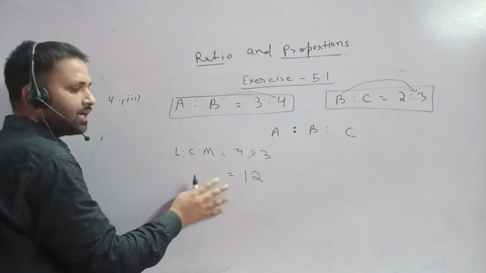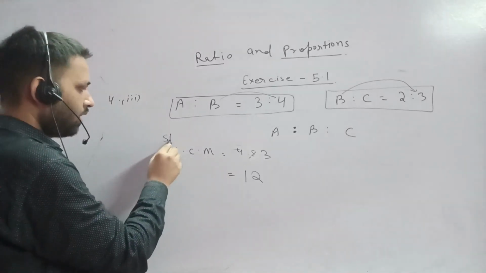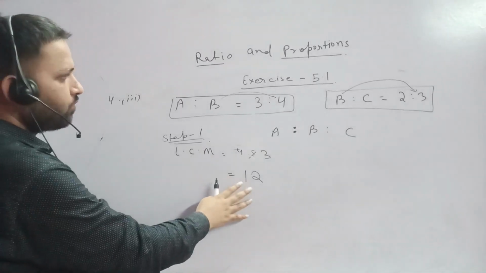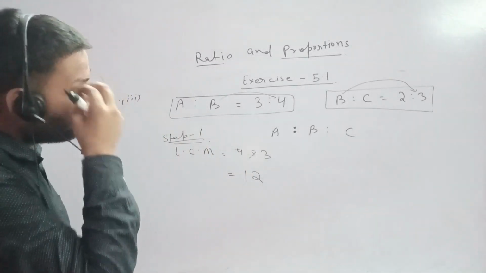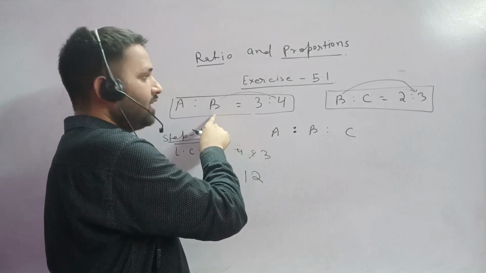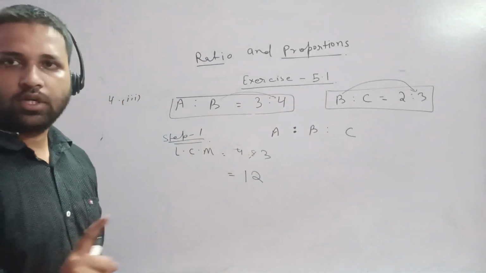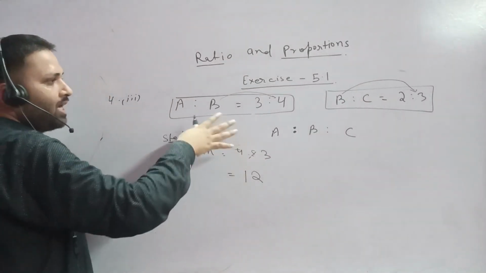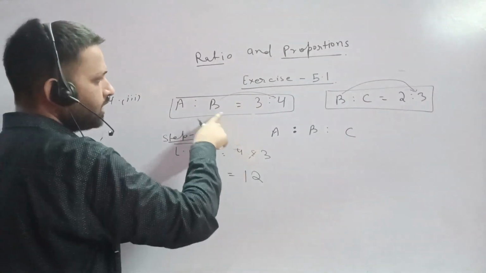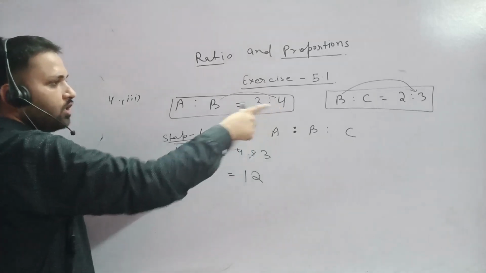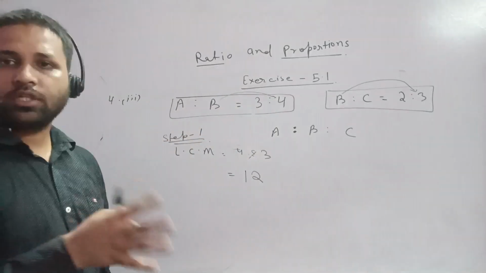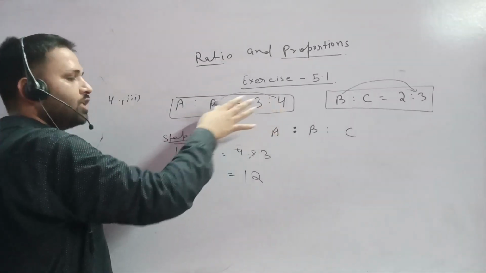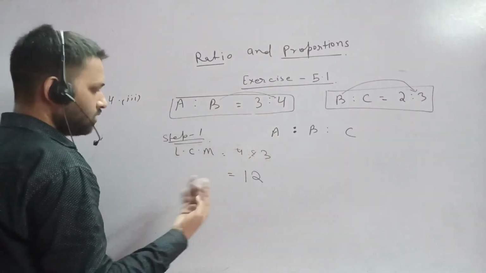This is step 1. The LCM is 12, so our main target is to make b equal to 12 in both ratios. Here b is 4, so we multiply the first ratio by 3, and then we get 12.